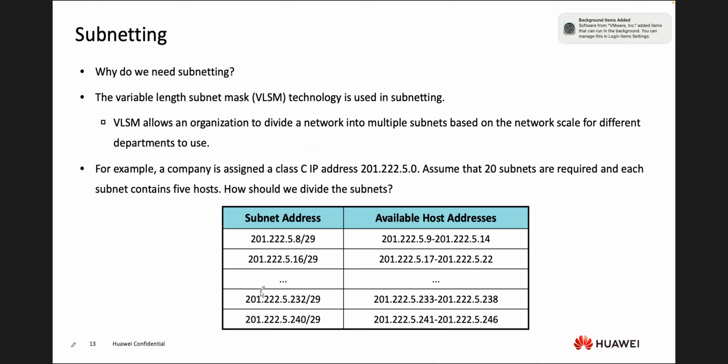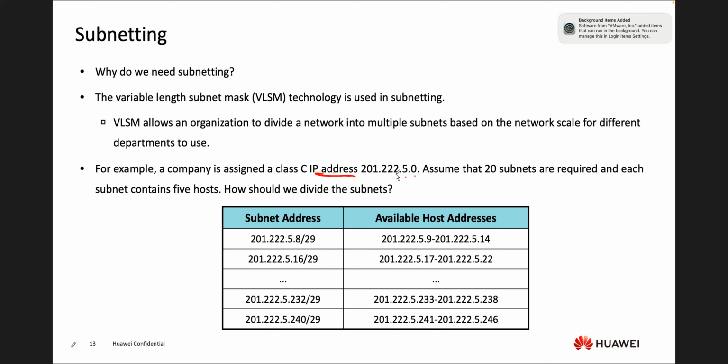And so this is where we lean towards subnetting. Subnetting comes into play and it says, oh, I just need so many hosts for that particular subnet. I only have 4 servers, so I'll just use those subnets available. So what we'll do is take, in this case, a class C IP address, 201.222.5.0.